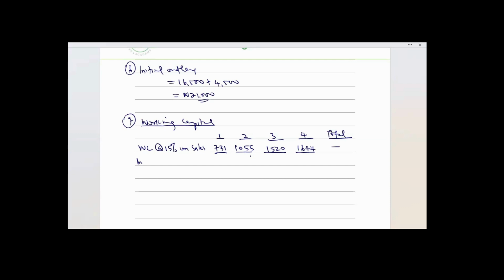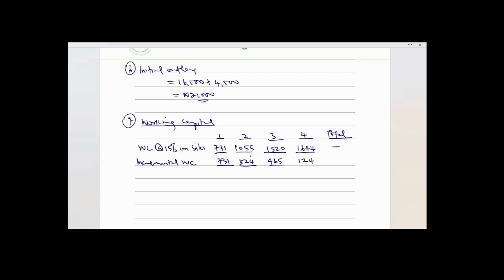Therefore, incremental working capital: the first one is 731. 1055 minus 731 is 324. 1520 minus 1055 is 465. 1644 minus 1520 is 124.